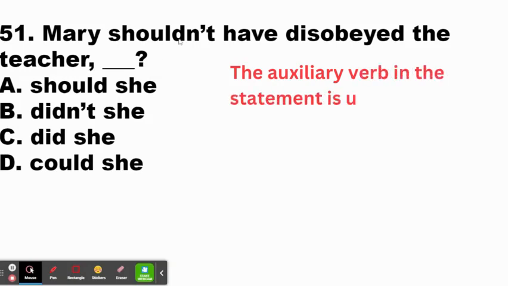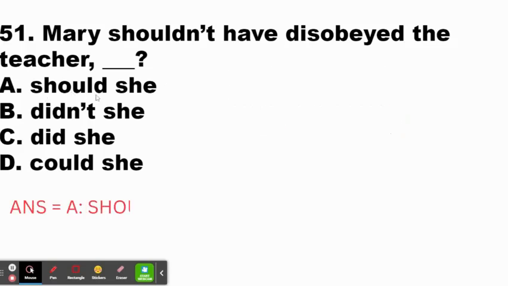So you have shouldn't, and then another rule is that when you have a negative statement, you should have a positive tag, and if you have a positive statement, you should have a negative tag. So here you have shouldn't, and then what you should have in the tag is should. So A is correct. Mary shouldn't have disobeyed the teacher, should she? All right, so that's correct.